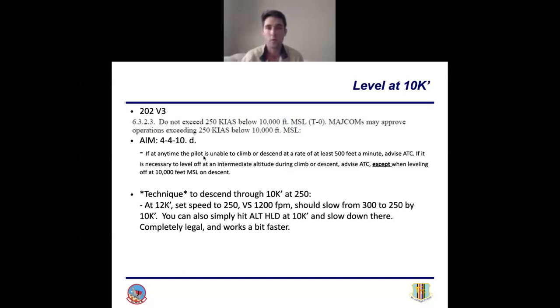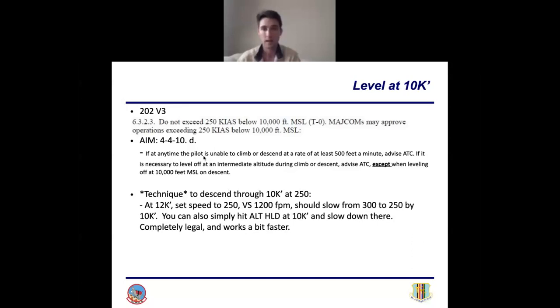It also talks about, IPs bring this up a lot, so it's a good thing to know where the reference is. The 500 feet per minute, when you're asked to climb or descend, is the minimum rate that you should be climbing or descending at. And so they'll bring that up if your speed is really far away from what you want it to be and you hit FLCH.